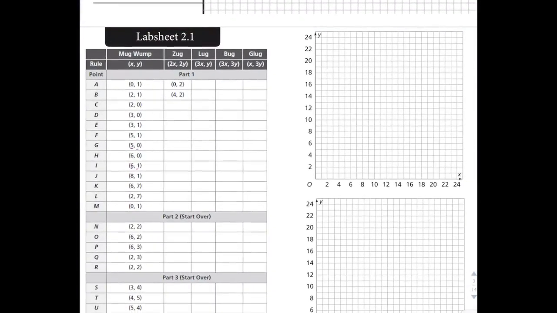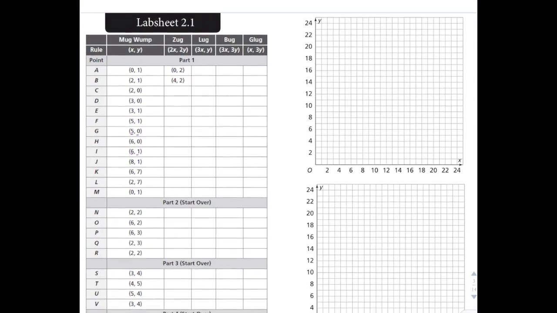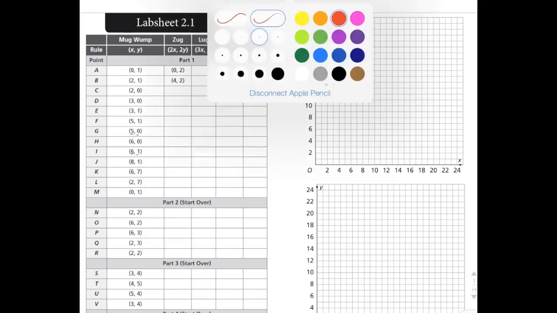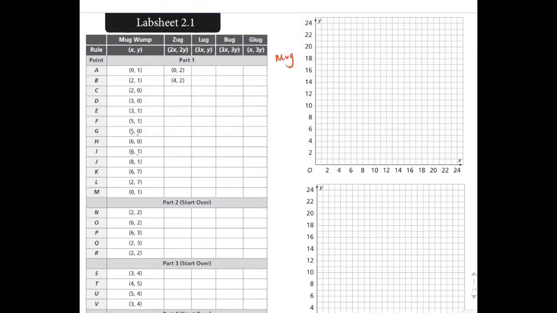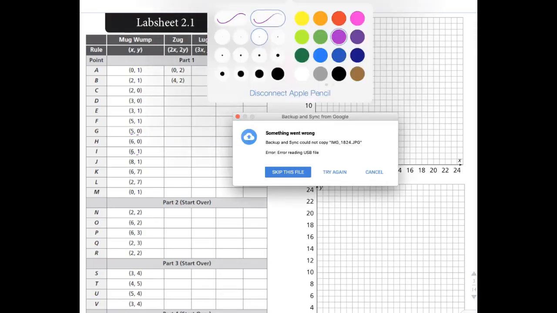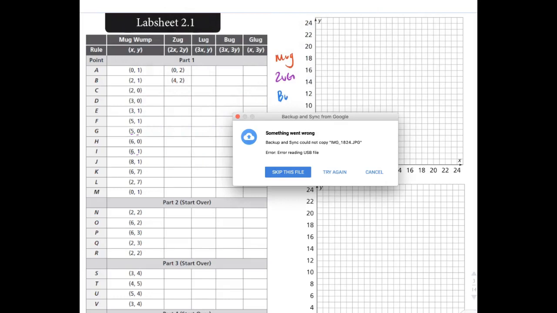We've got 5 characters: Mug, Zug, Lug, Bug, and Glug, and we only have 2 graphs, so we're going to put 3 of them on one, 2 of them on the other. The top one will get Mug, Zug, and Bug.